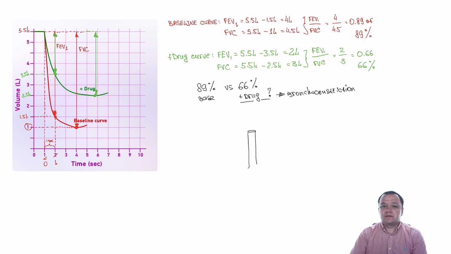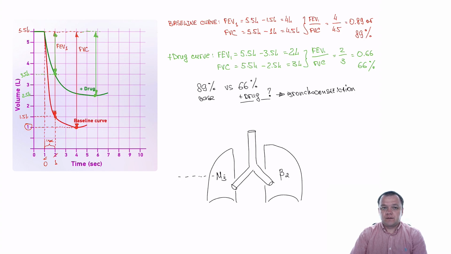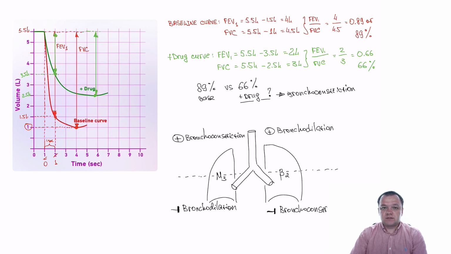Do you remember receptors in the lungs? We have two types of receptors, M3 and beta 2. Stimulation of M3 receptors causes bronchoconstriction. Blockade of beta 2 receptors also causes bronchoconstriction. Stimulation of beta 2 receptors causes bronchodilation, and blockade of M3 receptors causes bronchodilation too.